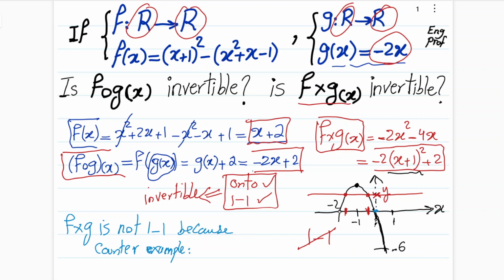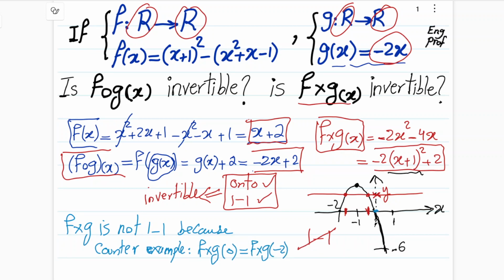When you set x equal to -2, you get 0 again. So what I'm trying to say is the product of f and g at 0 is equal to the product of f and g at -2.